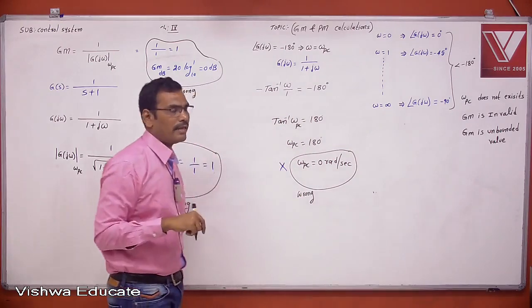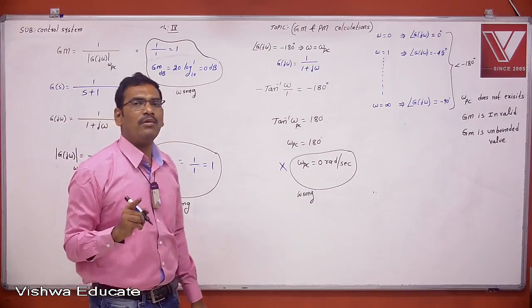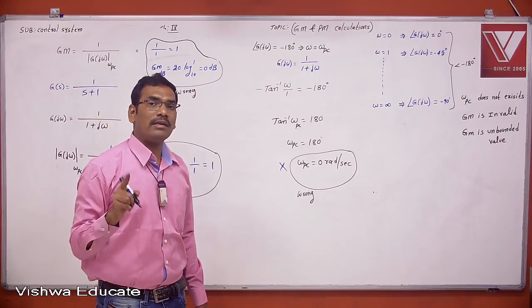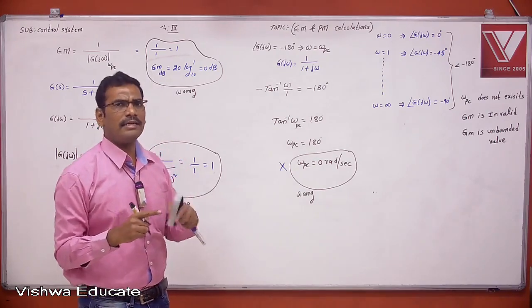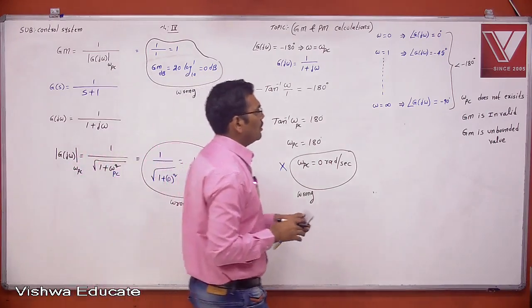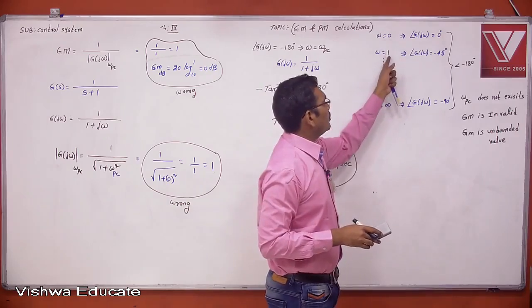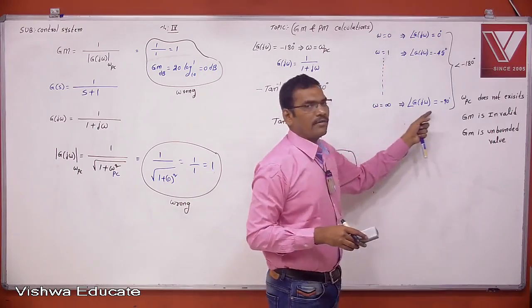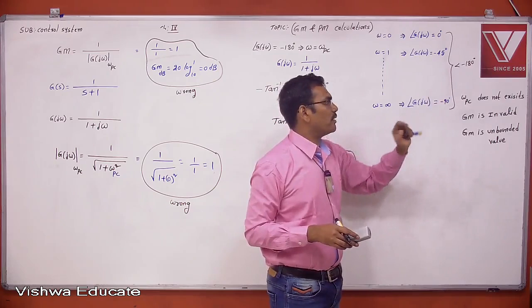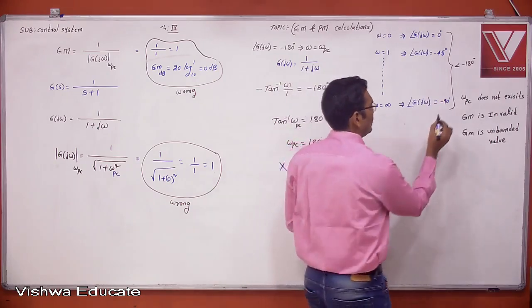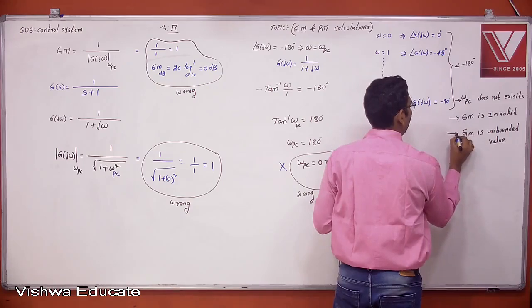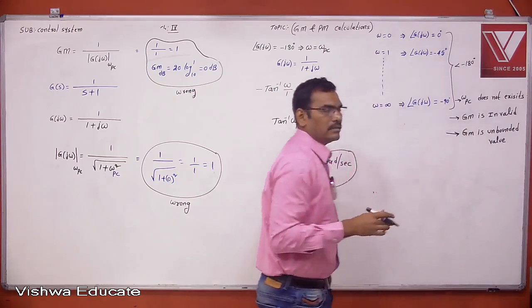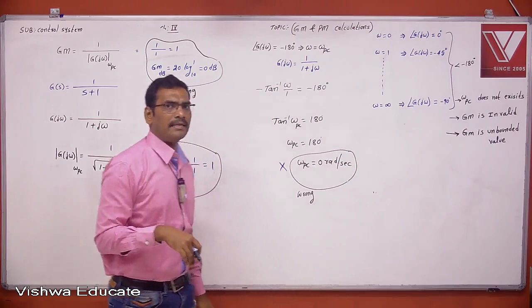Students, this is very, very important. The gain margin is unbounded because that value is not valid, because it does not satisfy the angle condition. So for omega equals 0 to infinity, your phase does not reach minus 180 degrees. The phase crossover frequency does not exist, the gain margin is invalid and an unbounded value, and some will treat the gain margin as infinite.